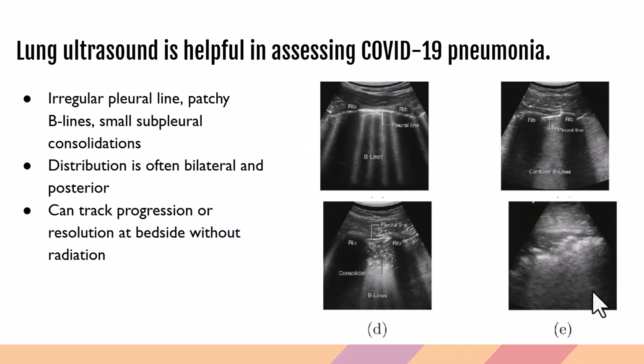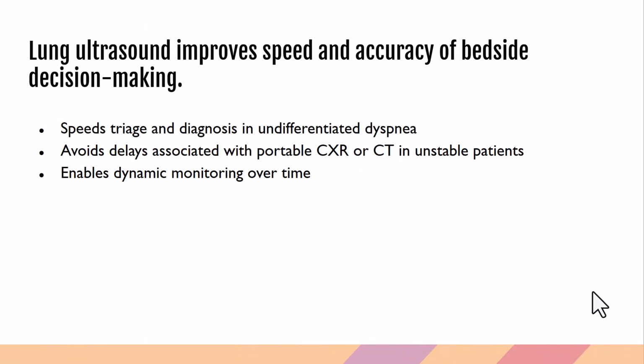So we really did see lung ultrasound improving both the speed and accuracy of bedside decision making, which is why a lot of doctors and internists really took to learning POCUS, especially bedside ultrasound of the lungs. It was able to help them make better diagnoses. It also helped them avoid delays associated with waiting for X-ray or CT, especially in unstable patients.